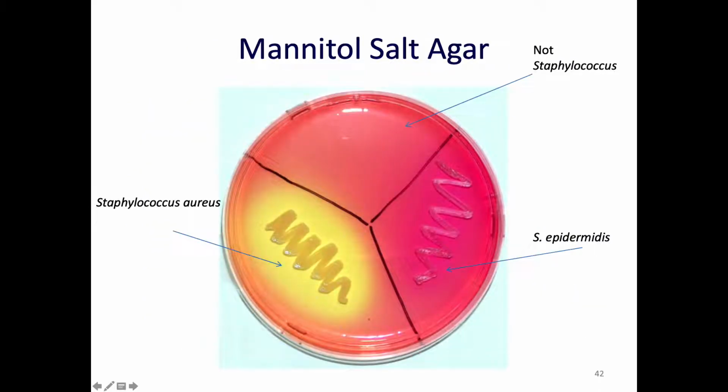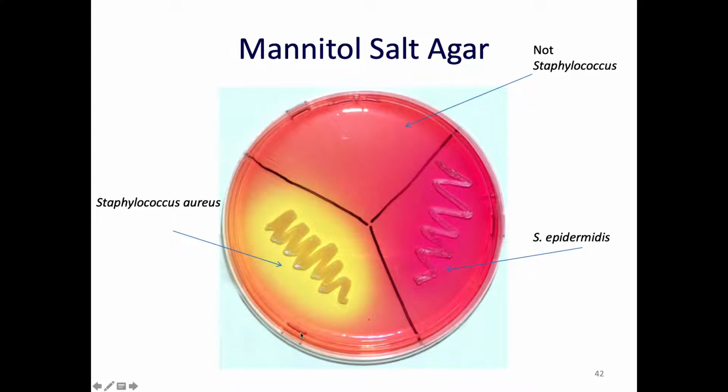This is mannitol salt agar. Staphylococcus aureus, when it is grown on mannitol salt agar, changes the pH of this media, and that's why we see the yellow color.